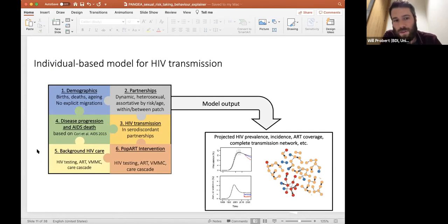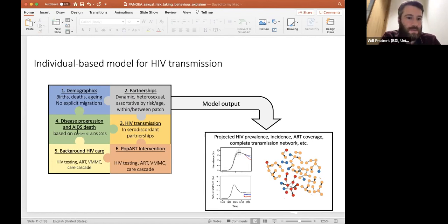As part of the trial, an individual-based model of HIV transmission was developed. This included a huge range of different components, including modeling of demographics, partnership formation and dissolution based on individuals, a measure of risk-taking behaviour, age, and location, so whether an individual was in a particular Popheart community or outside a particular Popheart community.